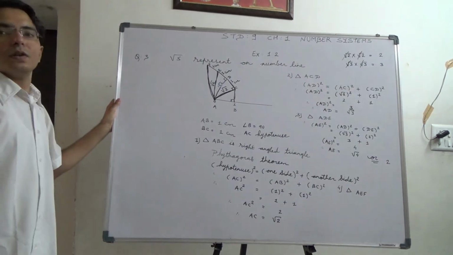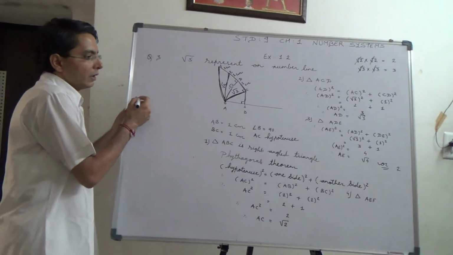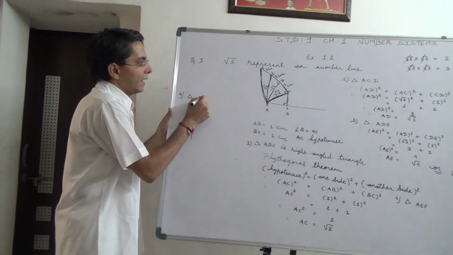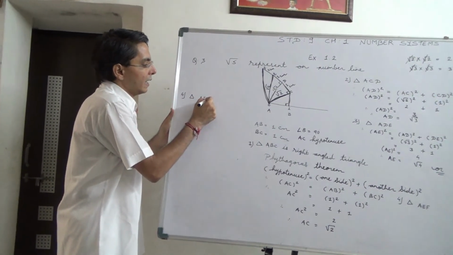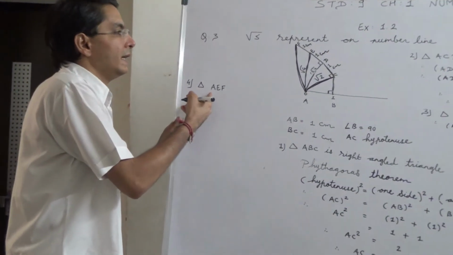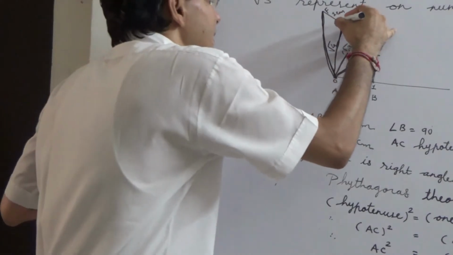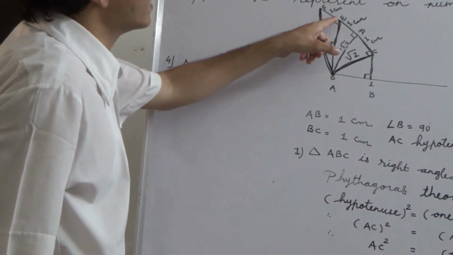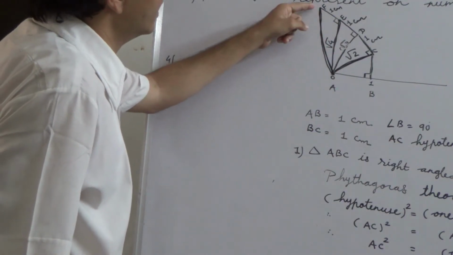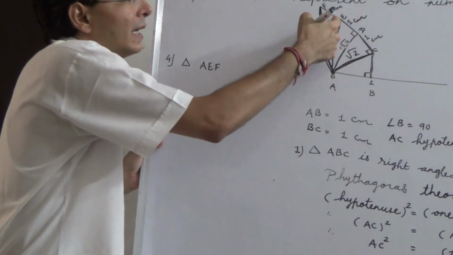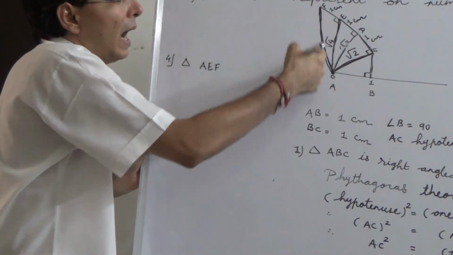In triangle AEF, angle E is 90 degrees, and the side opposite the right angle is the hypotenuse.